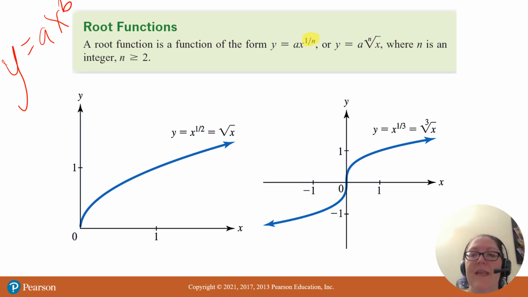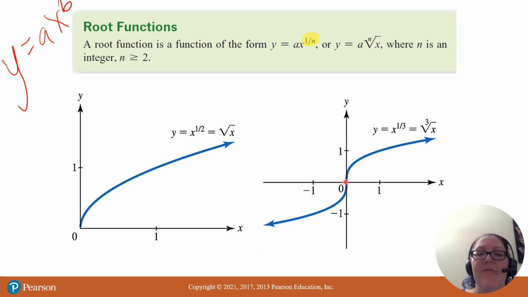Now, with that being said, there are pretty much two different shapes to our root functions. Our first shape that we have when we look at them is this one here. This one starts at 0 and keeps going forever and ever in an increasing motion.